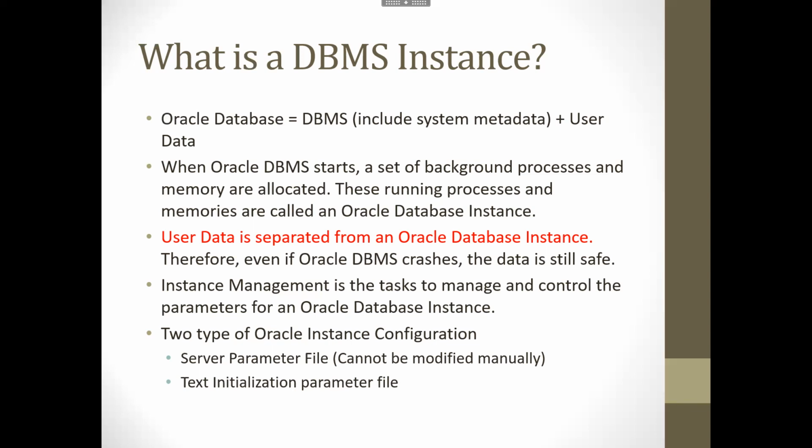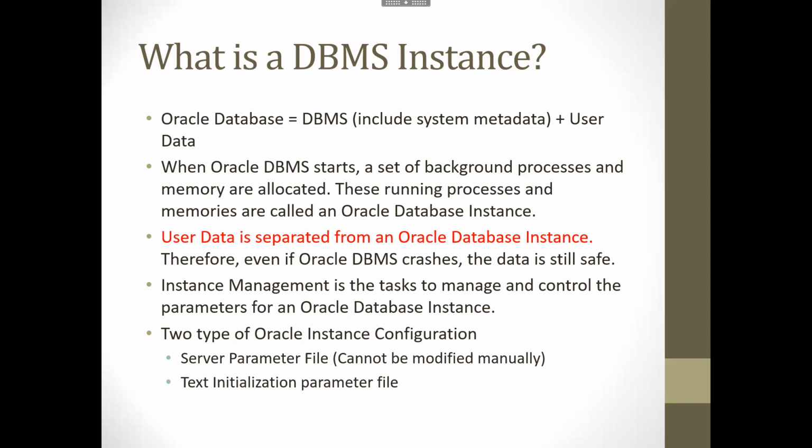And so going back to the concept of an instance, whenever you start Oracle on a computer server, the server will give the Oracle system a certain amount of memory, and there are actually two types of memory. One is called SGA, the other is called PGA, right? There are explanations in the next few slides.